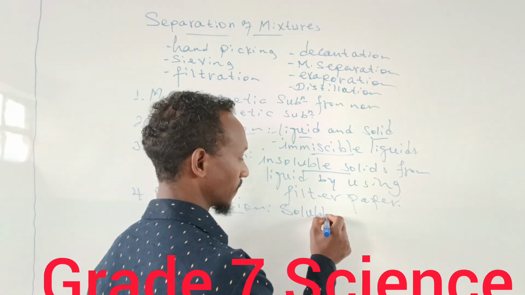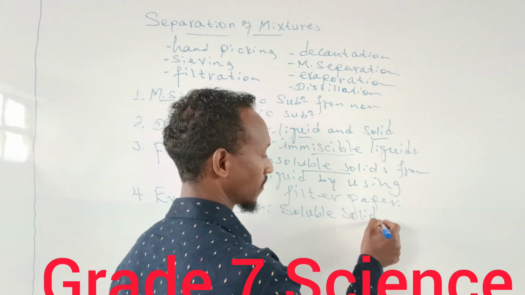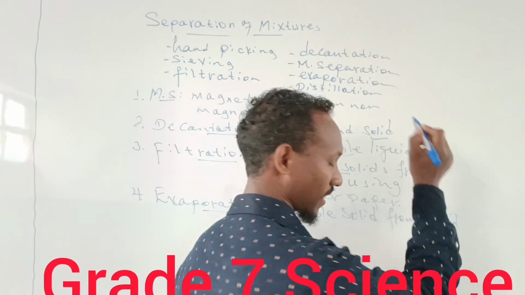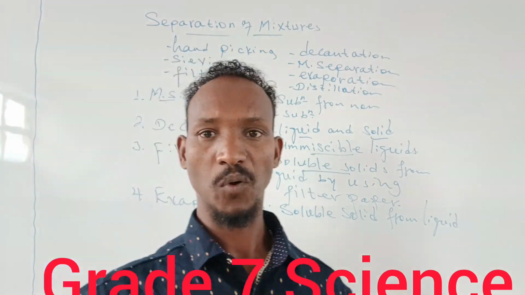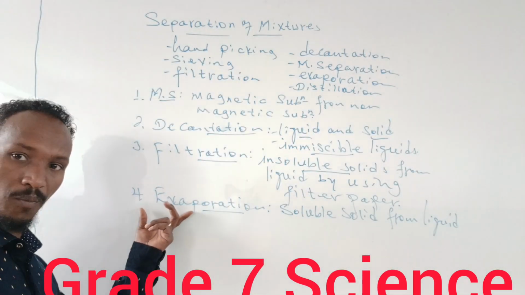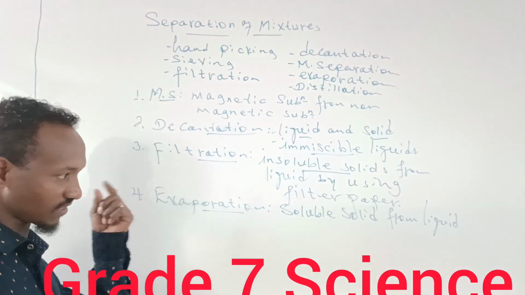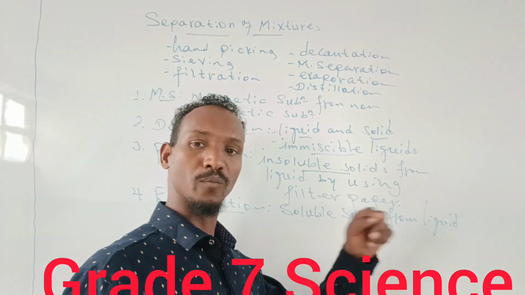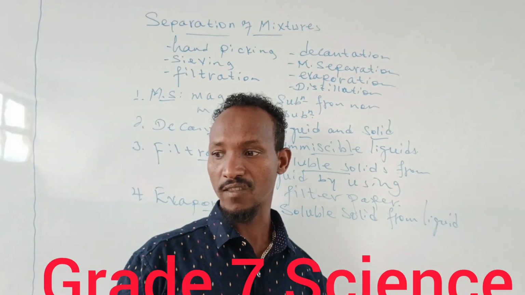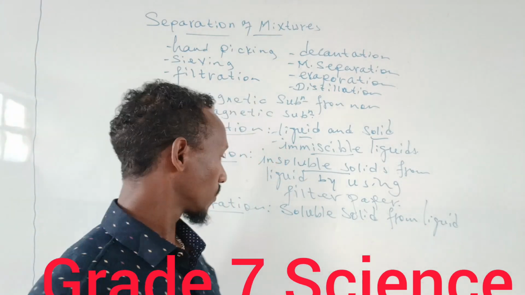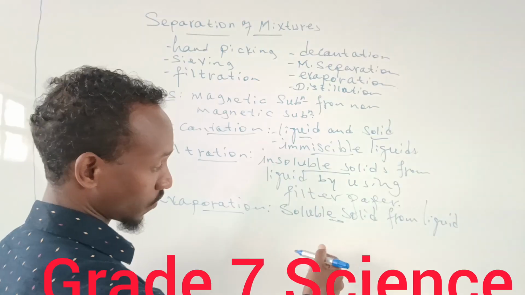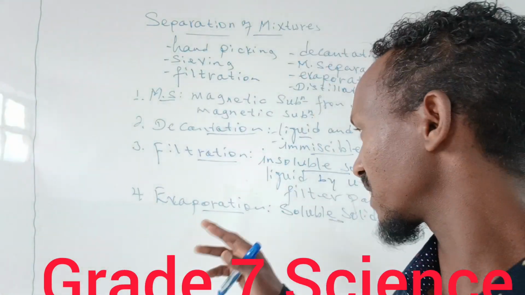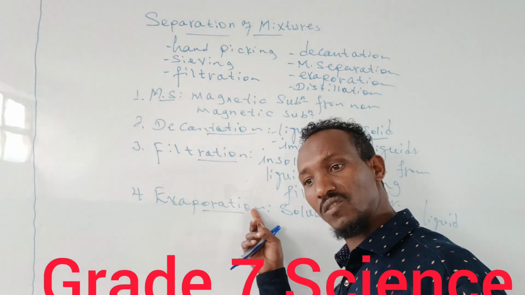This technique separates soluble solid from liquid by using a high amount of heat to evaporate the liquid and obtain the soluble solids. For example, salt solution and sugar solution are two types of mixtures that can be separated by evaporation.